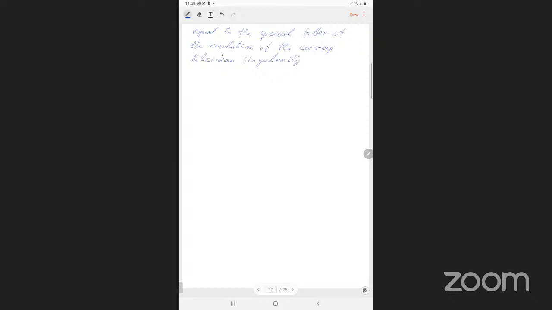Yes, I hope you have heard about these Kleinian singularities. So you take A^2 modulo some finite group Gamma. This Gamma is a finite subgroup of SL_2(C), and they are again classified by Dynkin diagrams. So you take the corresponding Dynkin diagram. So say for type A, you take the cyclic group of corresponding order, and for type D, you take the dihedral group.